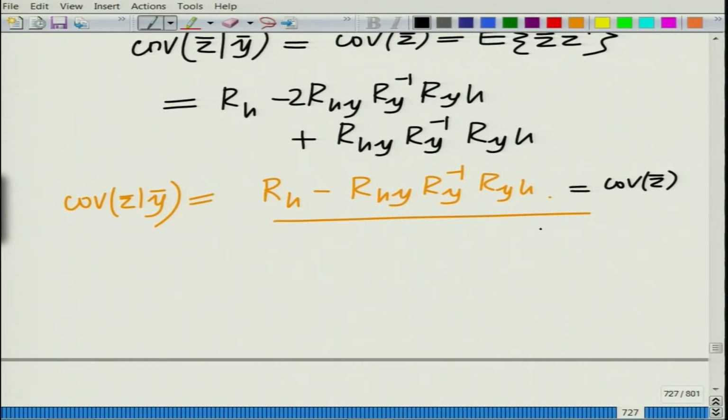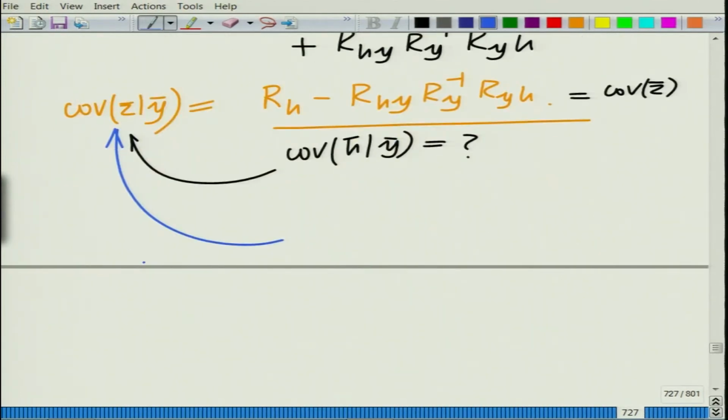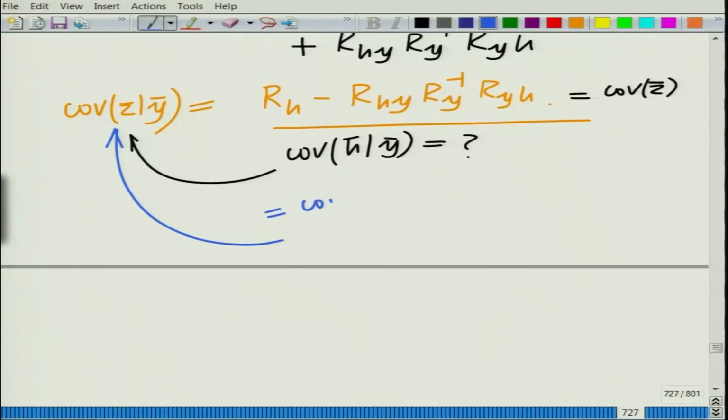Now, remember, ultimately we want to ask the question, what is the covariance of h bar given y bar? This is the thing that we set out to derive. If you look at this, we substitute for the vector z bar, which is h bar minus R_hy into R_y inverse into y bar. So, this is equal to the covariance of h bar minus R_hy R_y inverse y bar given y bar.